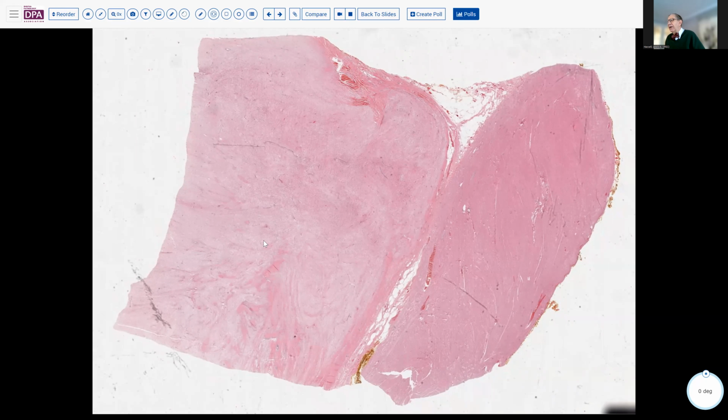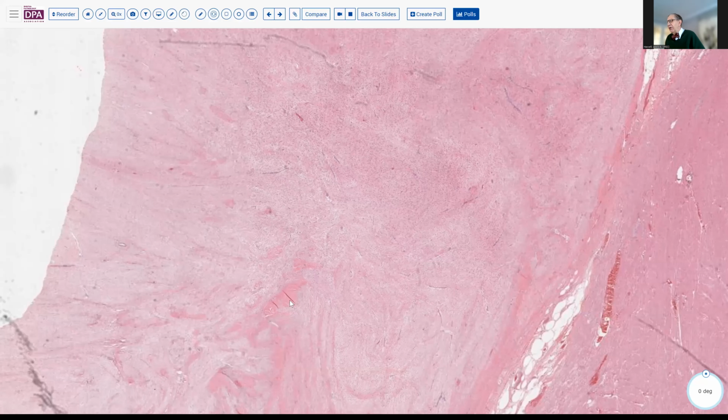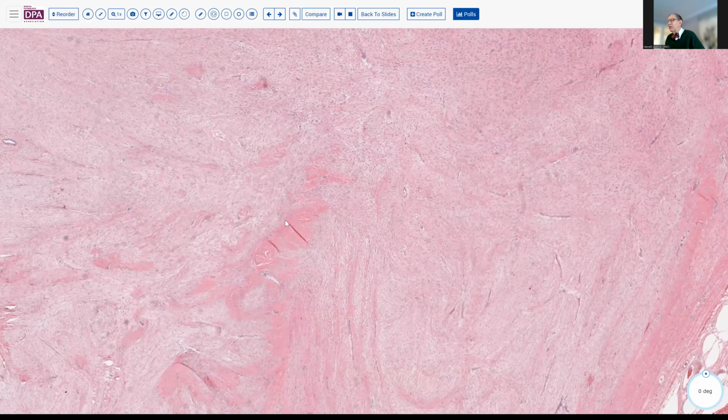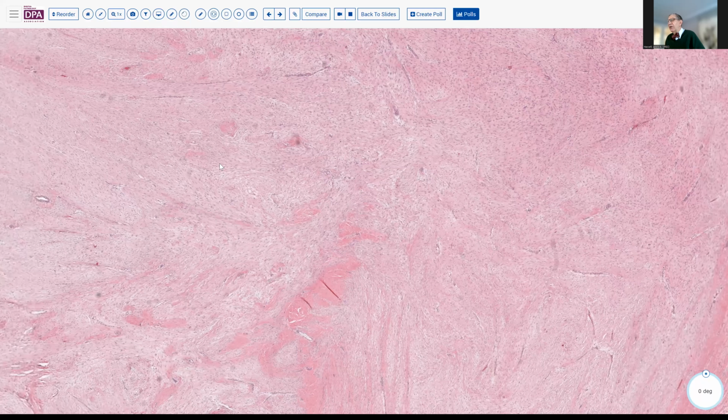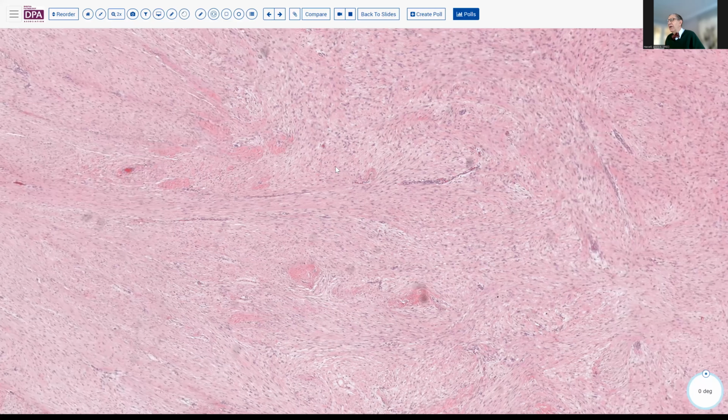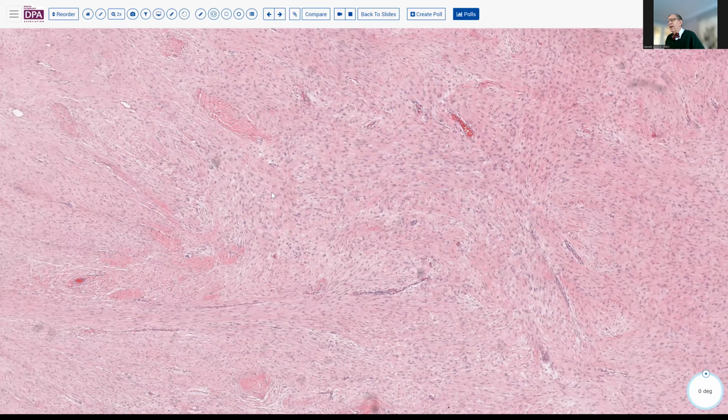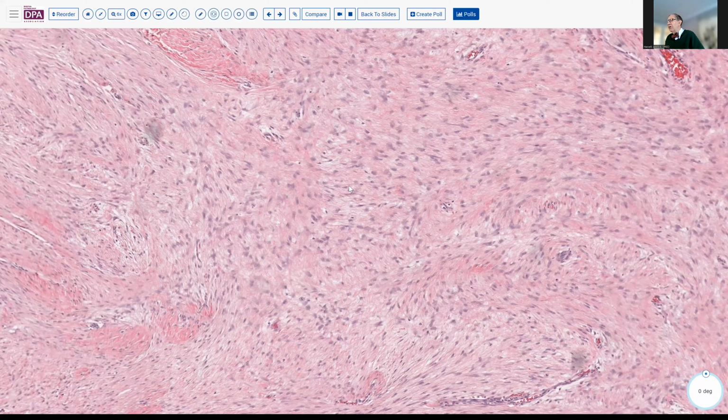Here a little more pale, and you can see it has areas of collagenized, almost fascia-like tissue, and a degree of cellularity that's maybe a little higher than normal fibrous tissue, a little bit more cellular, not particularly storiform or fascicular per se, but organized in a way that indicates that it's trying to do something. And the cytology of these cells is quite bland.